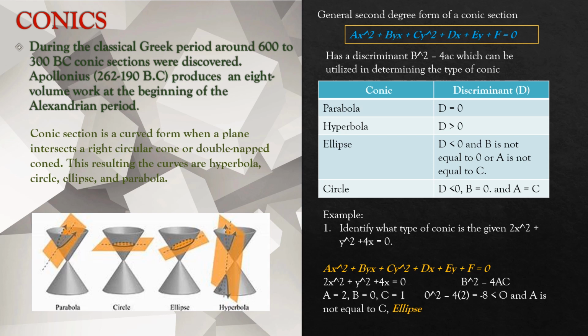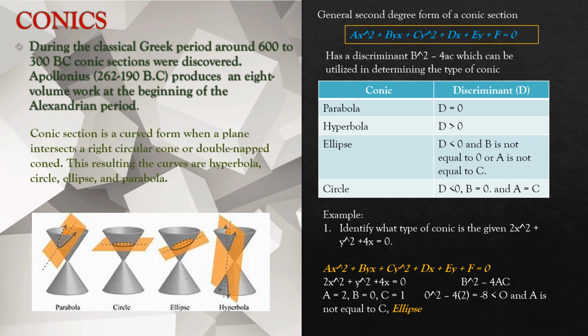Since a is the coefficient of x squared, the value of a will be 2. Then b will be 0 since there is no combined x and y. Then c will be 1 since it is the coefficient of y squared.